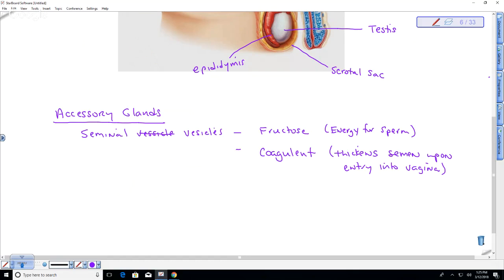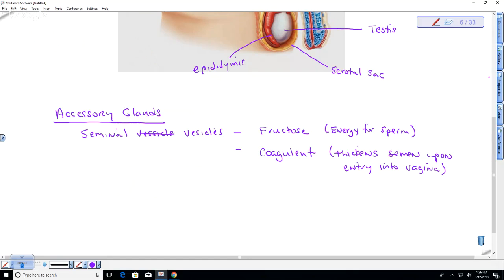So once ejaculated into the female's tract, you don't want it to just flow back out. In some species of rodents, the coagulant is so effective that it actually produces what is called a reproductive plug. So the female actually gets plugged up by the semen. So if another male tried to ejaculate into the female's reproductive tract, it would not go in because she's got that plug. But the problem is that eventually the sperm need to swim.